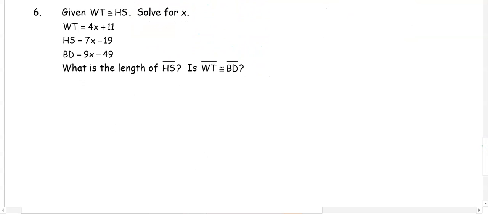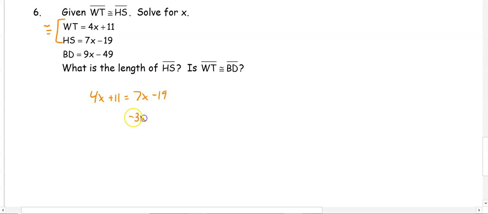Number 6, segment WT is congruent to HS. Solve for x. What is the length of HS? Is WT congruent to BD? So we know that WT and HS are congruent. So we have 4x plus 11 is equal to 7x minus 19 because congruent segments mean they have the same length.